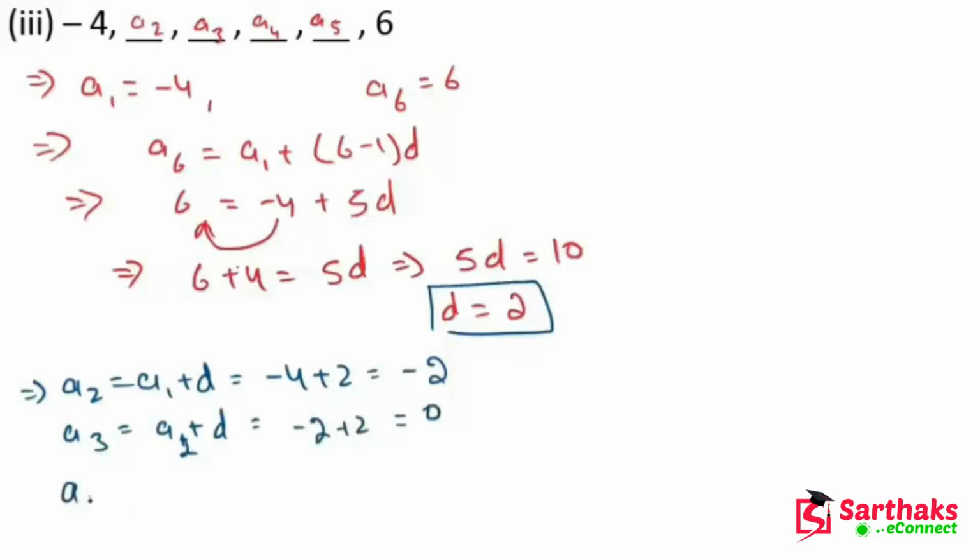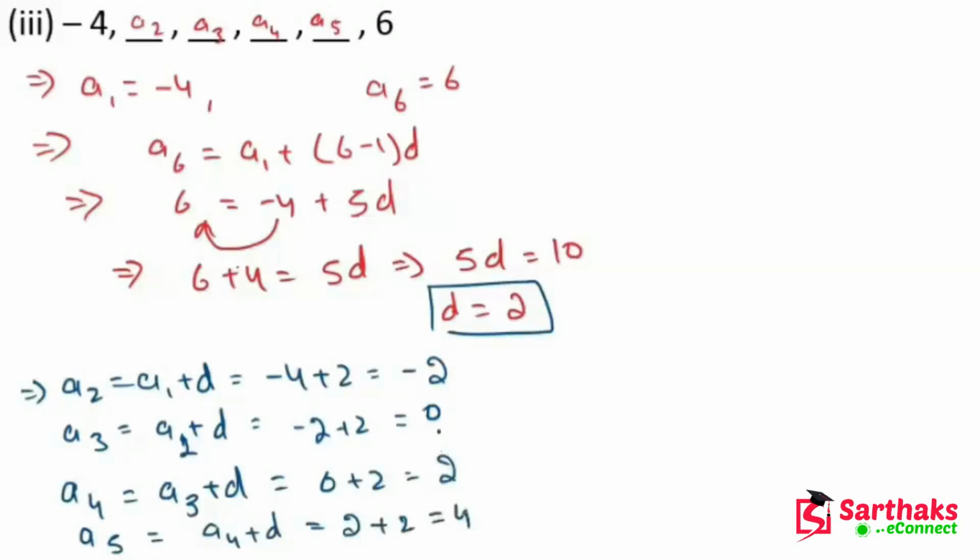And a4 is a3 plus d, so 0 plus 2, we get 2. And a5 is a4 plus d, so 2 plus 2 means 4, and this is our answer. My dear friends, I hope you understand these things. Now let's move on.